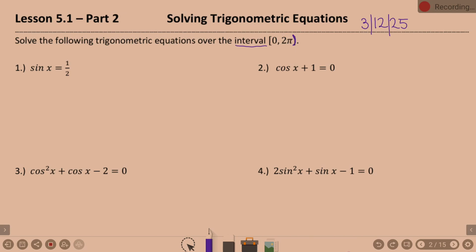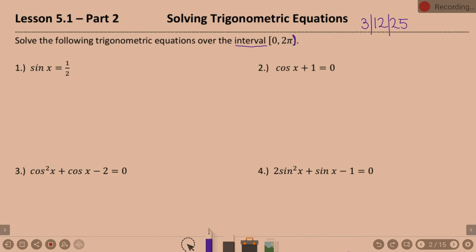Sine of pi over 2 is actually 1. So if this said, at what angle does sine equal 1, then the answer would be pi over 2.